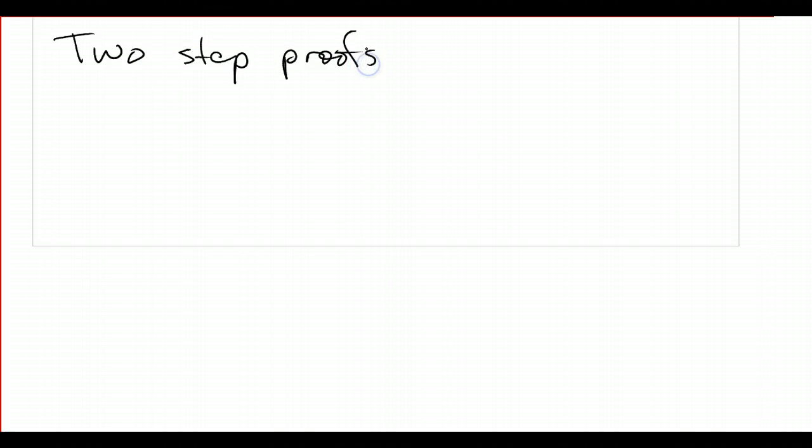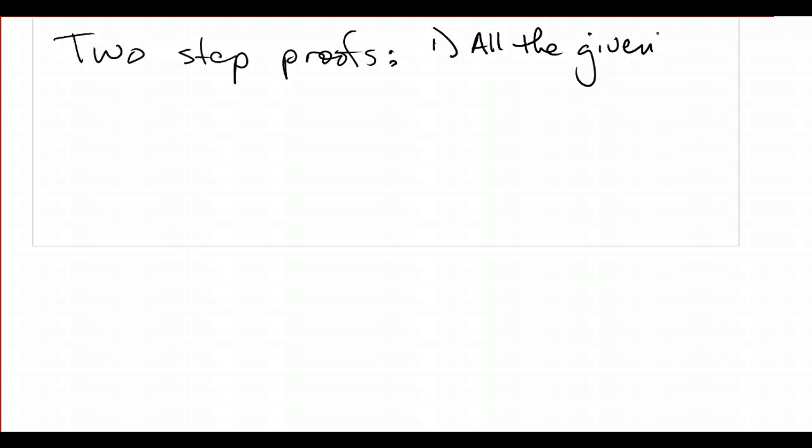So the first three problems that we're going to do, I call these two-step proofs. Although they may not always be two steps, in this case they are. What I mean by two-step proofs is the first step is all the given, so I just consider that one step, even though it may actually be more than one step in our proof.